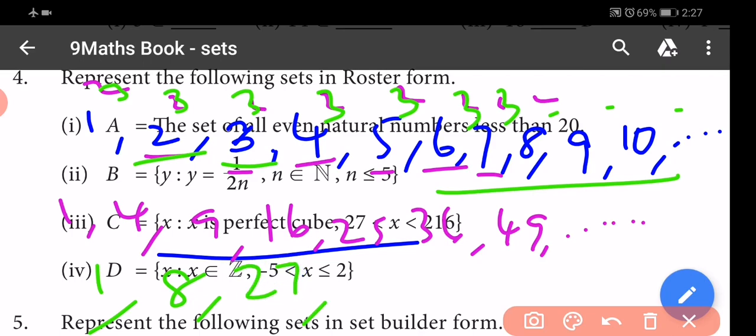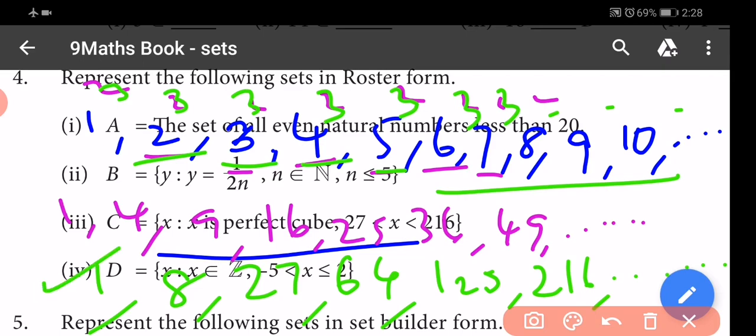How much? 27. 4 cube, 4 into 4 into 4, is 64. And 5 cube, 5 into 5 into 5, is 125. And 6 cube, 6 into 6 into 6, is 216, and so on. So these are the perfect cube numbers.